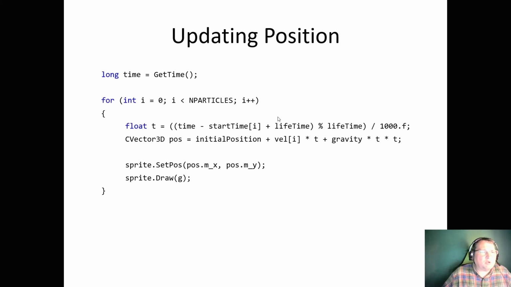So basically how it works, we have this iteration across all 3000 particles. Now, a single individual particle is not represented as a single sprite, it's just represented as a single entry in the start time and initial velocity array.